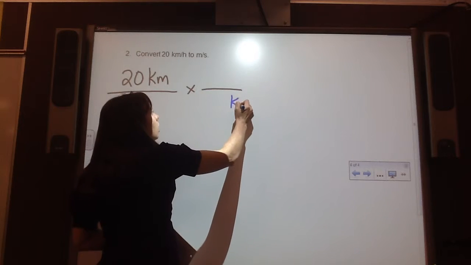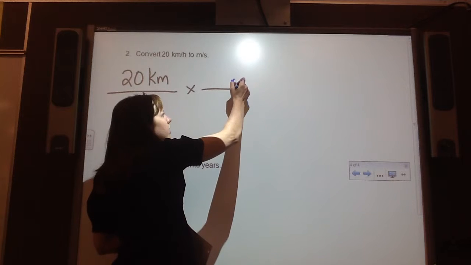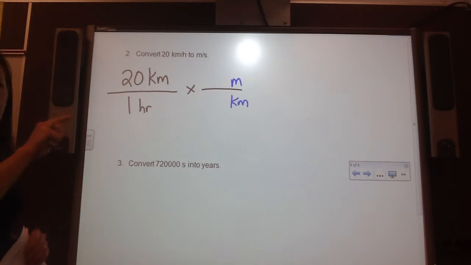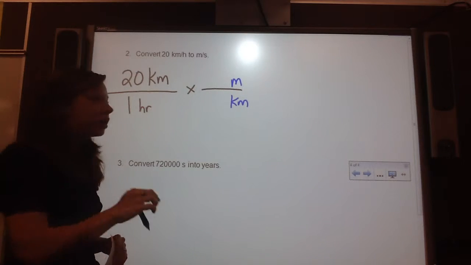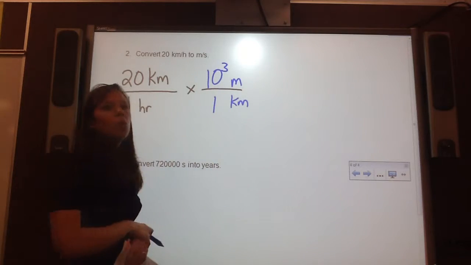Kilometers. And what do I want to change it to? Meters. So that's nice and simple because I'm just going back to the base unit, right? So what's my comparison then between the meters and the kilometers? Per 1 kilometer. Good. So I go 10 to the power of 3 meters for every 1 kilometer.